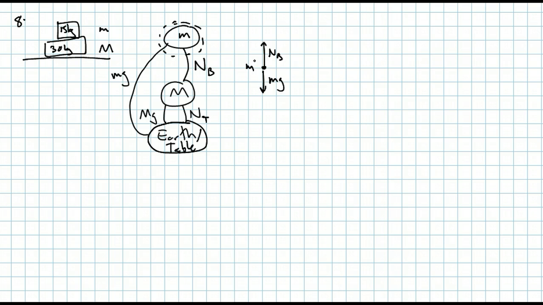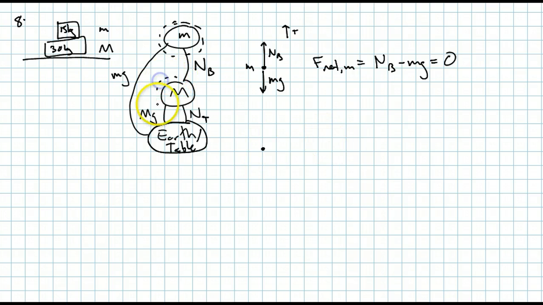They're not accelerating or moving. Acceleration is the important part. So I know in particular this one's balanced. So when I write my net force equation for little m with up as positive, I'm going to say NB minus mg, and I know it equals 0 because they're balanced, because they're not accelerating.